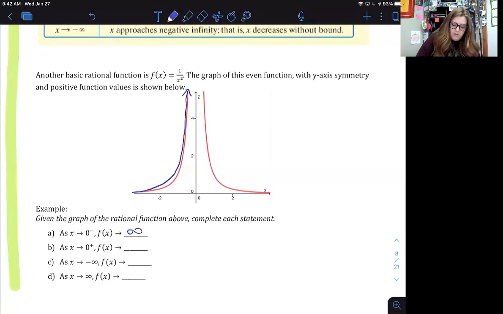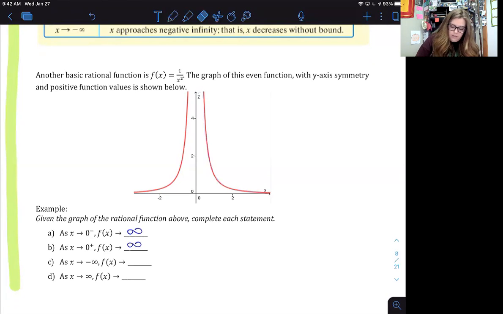Now as x approaches 0 from the right, because of that plus sign, as we get towards 0 from the right side of the graph, it's going to keep going up towards infinity. It's just asking you, where is y at? What's happening to our y value?